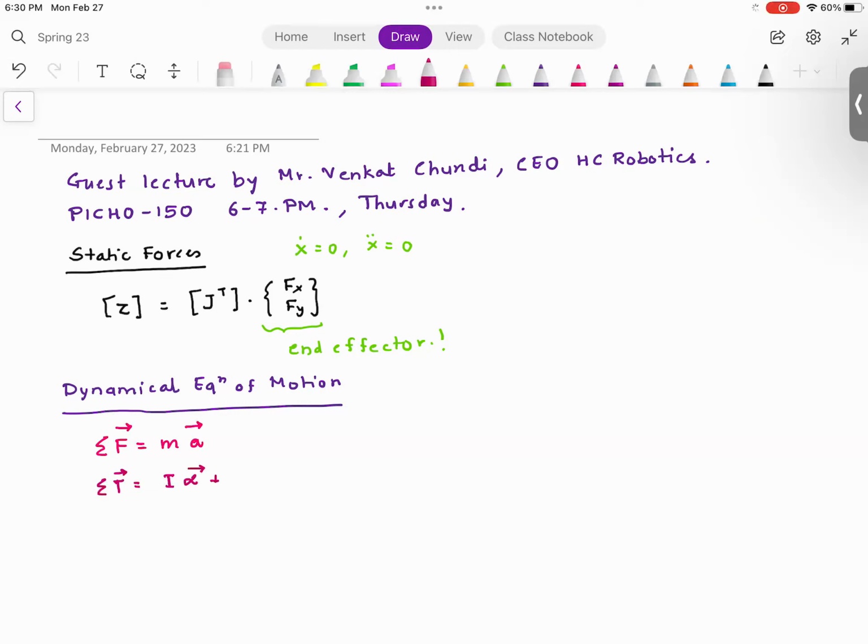But there is something else that I want you to understand. There is this something called MAD, which is basically the rate of change of angular momentum. Now, this equation is the most general equation.